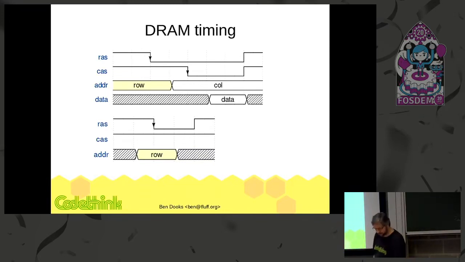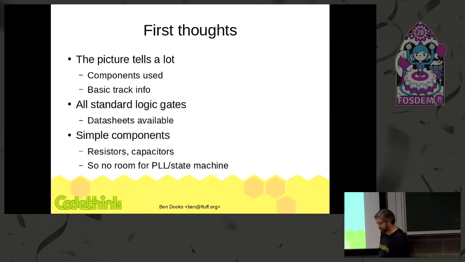So let's go back to what I was thinking when I saw the picture. I'm thinking there's probably enough information from just looking at the picture to tell me roughly what's going on. It's all pretty much standard logic gates. We're not talking any sort of FPGA-type stuff. That wasn't available back then.